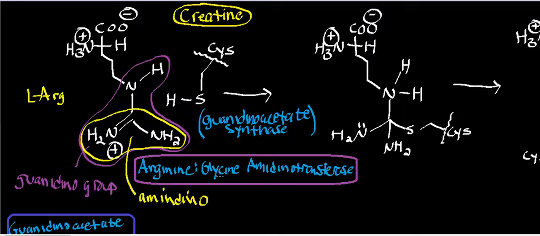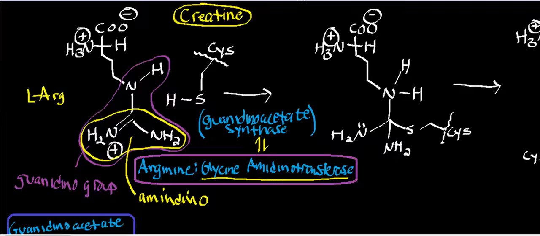And so the reason you call this enzyme glycine amidinotransferase is because it's going to take this amidino group and transfer it onto the alpha amine of glycine. Okay, and that's actually what we're going to look at first, the mechanism of guanidinoacetate synthase, and then we're going to talk about its regulation and some important implications.